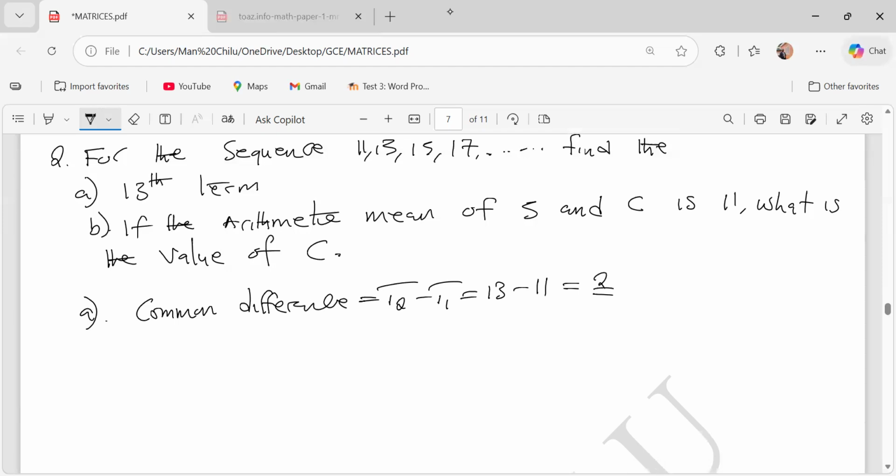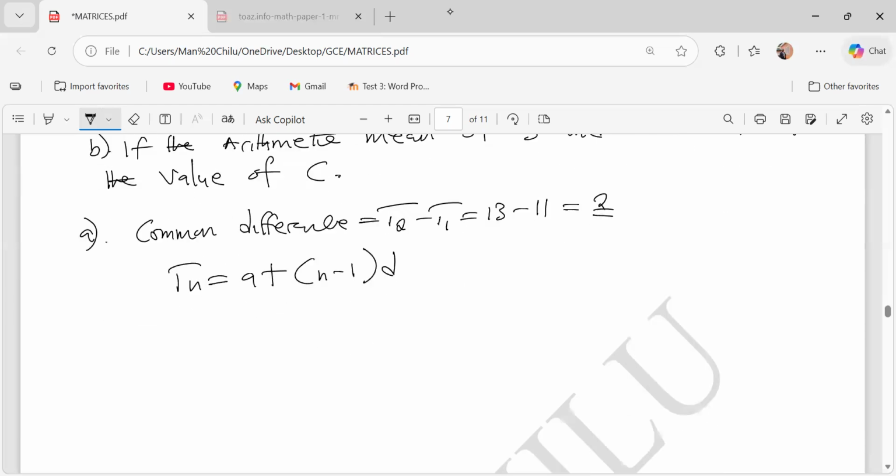So the formula for the 13th term, we have Tn is equal to A plus n minus 1 multiplied by the difference. We all know that A is the first term, which is 11, n in this case is 13, and d we found is 2.